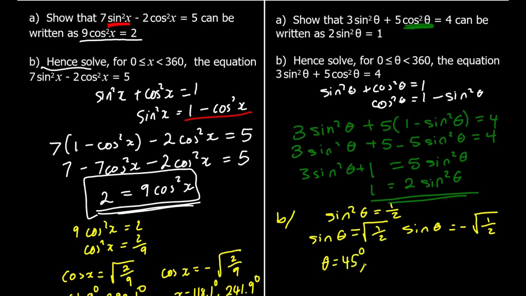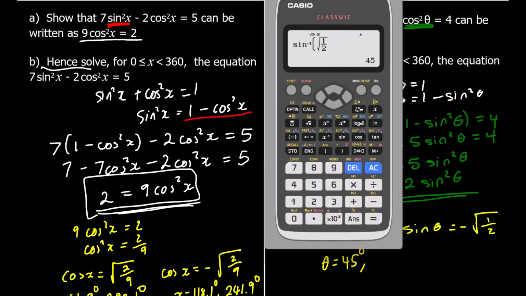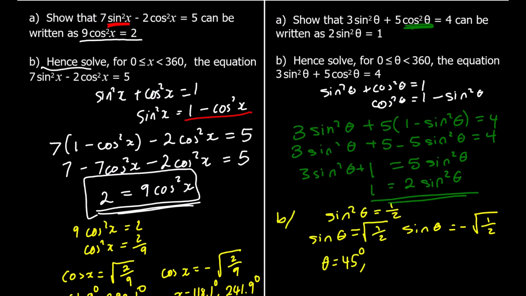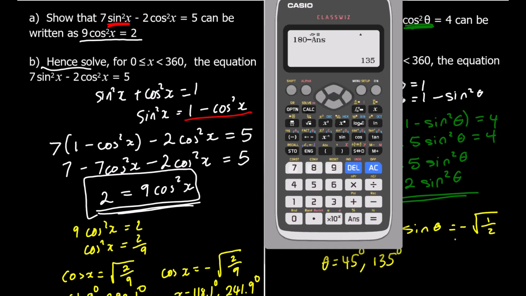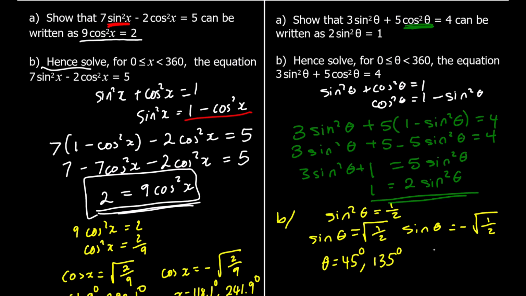It's sine. So again, you can draw out the CAST, but the second answer is 180 minus the first answer for sine. That's 135 degrees. And then let's shift sine negative square root of 1/2, negative 45.